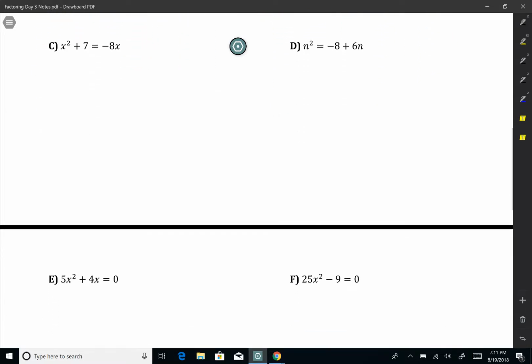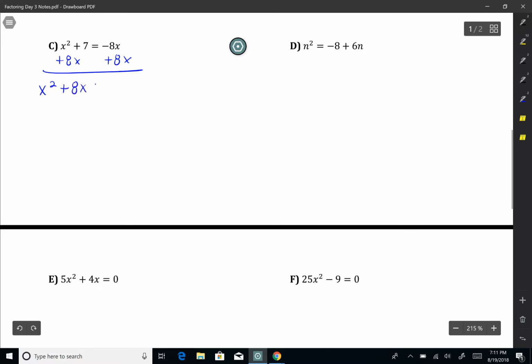x squared plus 7 equals negative 8x. This is our first example where it's not set equal to 0, so I'm going to have to add this 8x to the other side. And then make sure that you write this in the proper order, x squared plus bx plus c equals 0, so that we can think of factoring in the correct order. Looking at my c term, it is positive 7. My b term is positive 8.